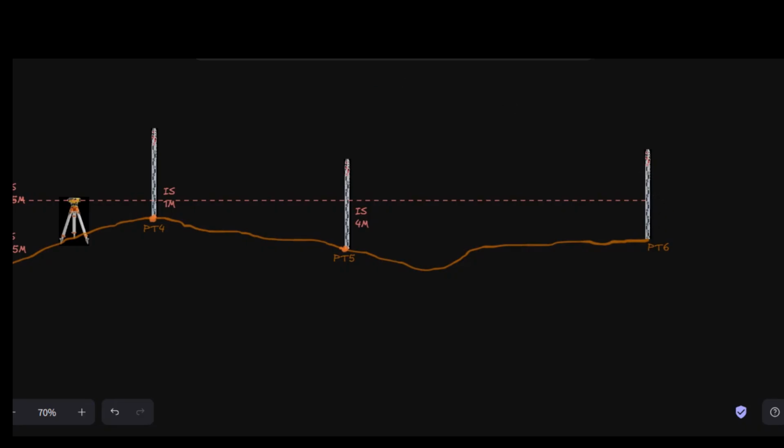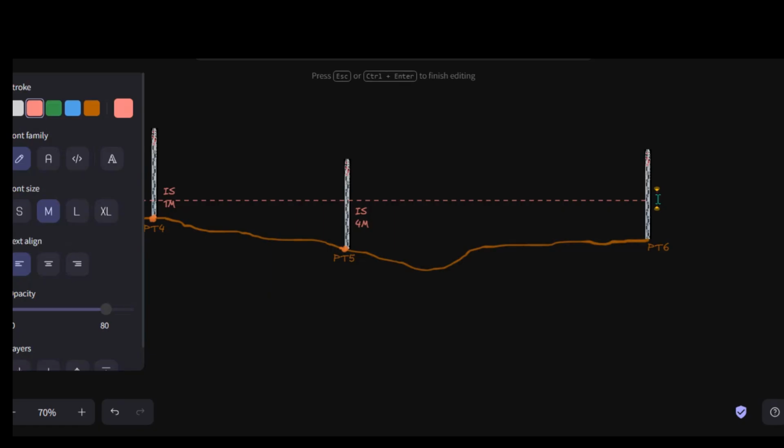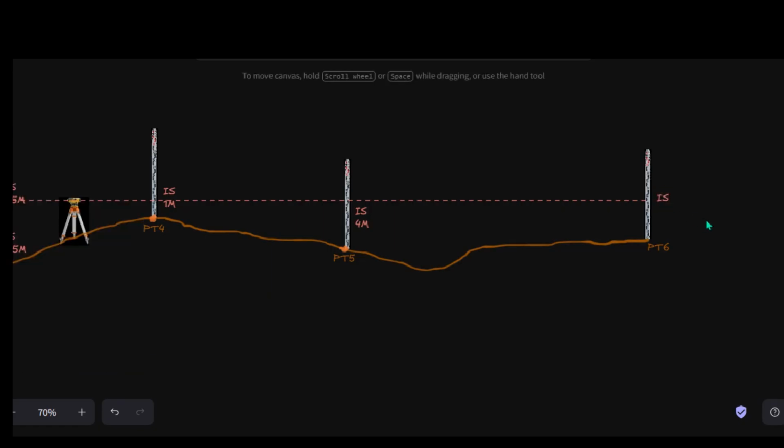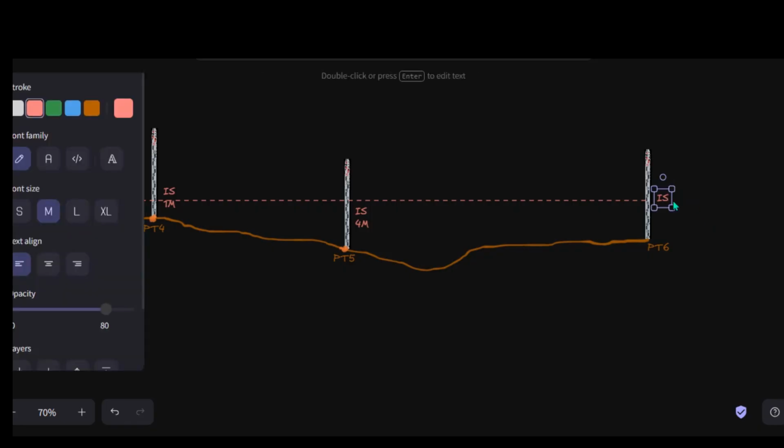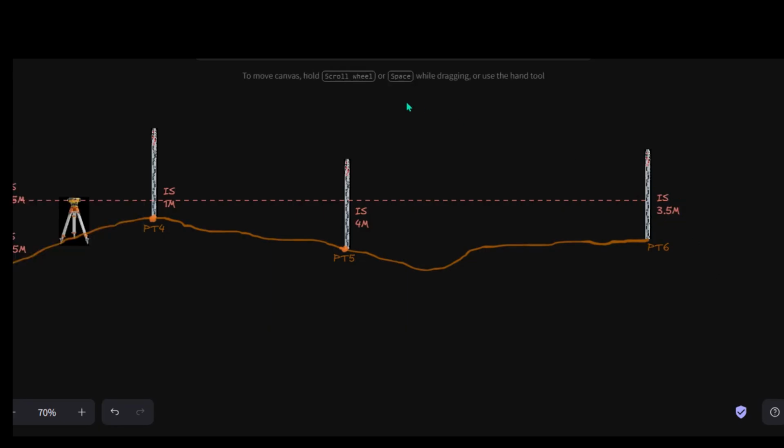Say this point now is our next intermediate sight, the next IS. And let's say the height here is about 3.5 meters. Okay, so we can actually see what this guy is.